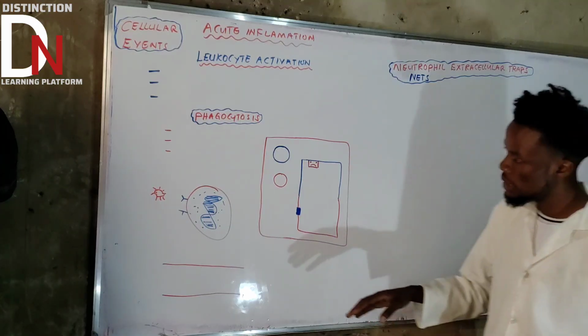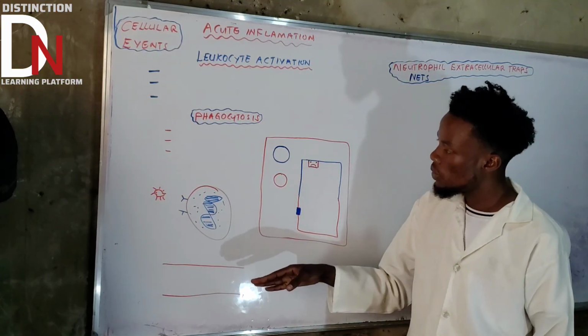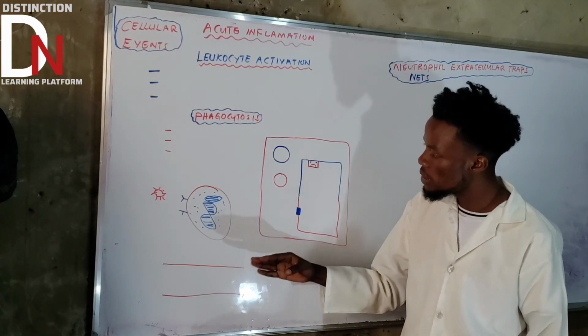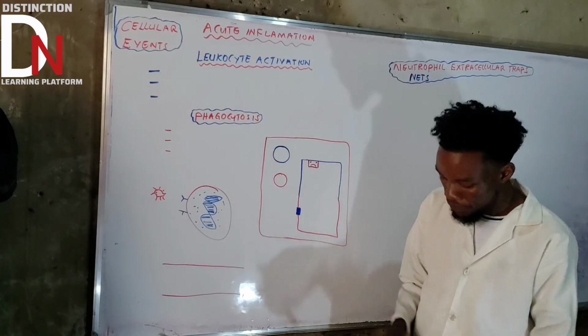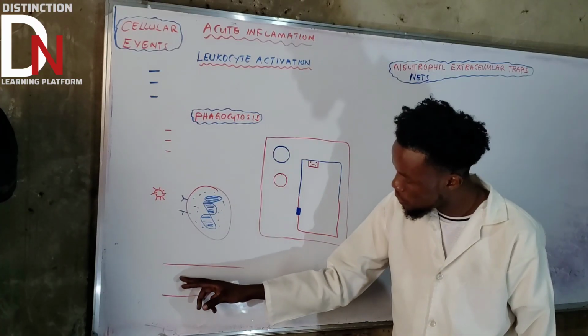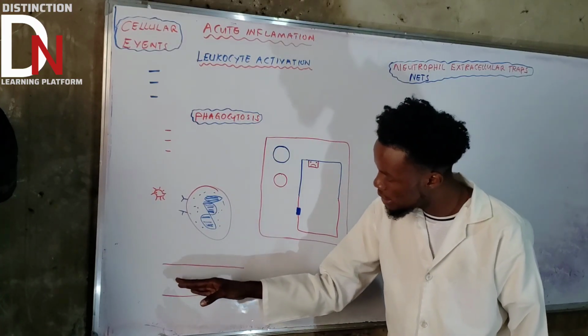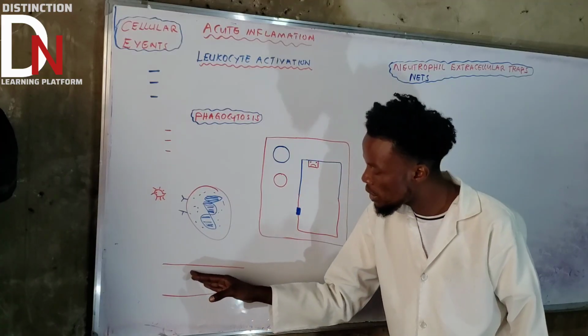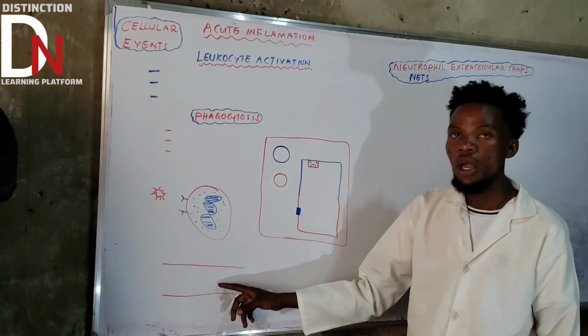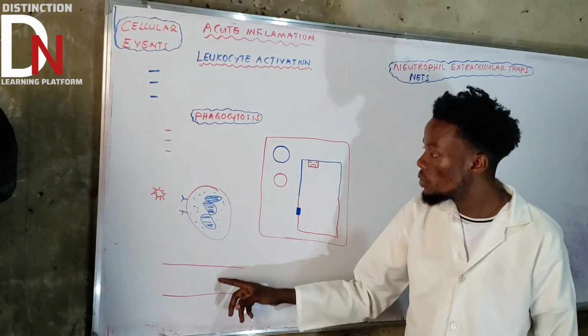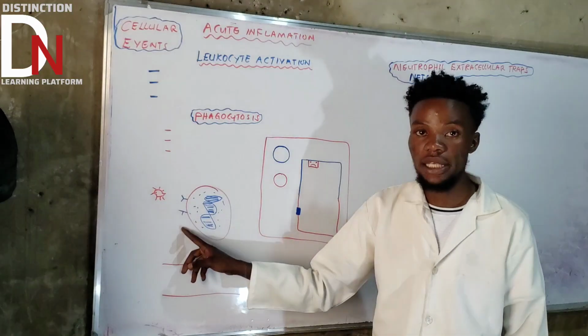If you look here under cellular events of the acute inflammatory response, a leukocyte will come here. What we talked about is how the leukocyte, or white blood cell, comes out of the blood vessels and goes to the interstitial space.